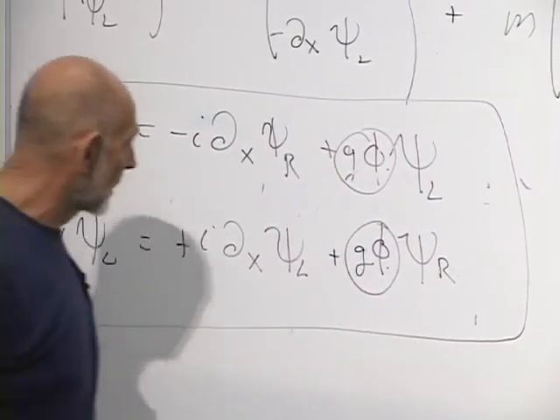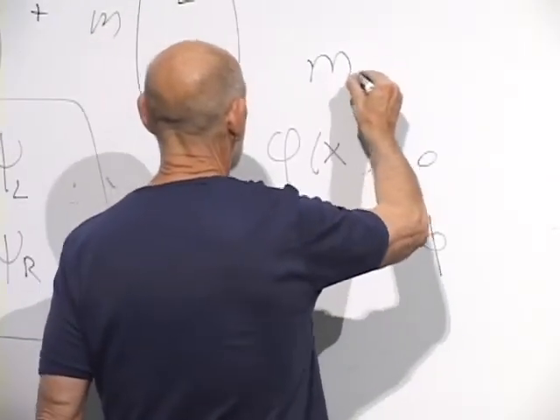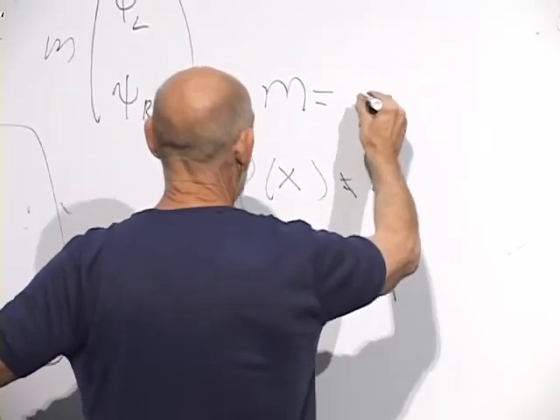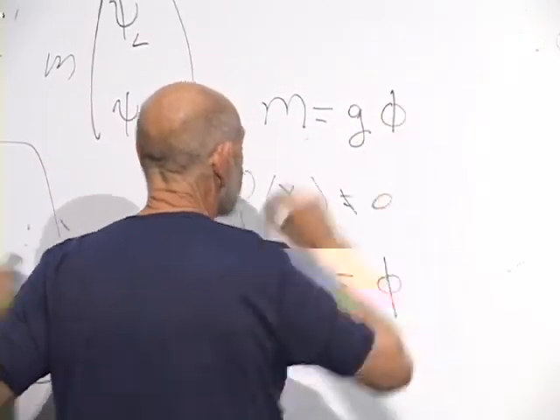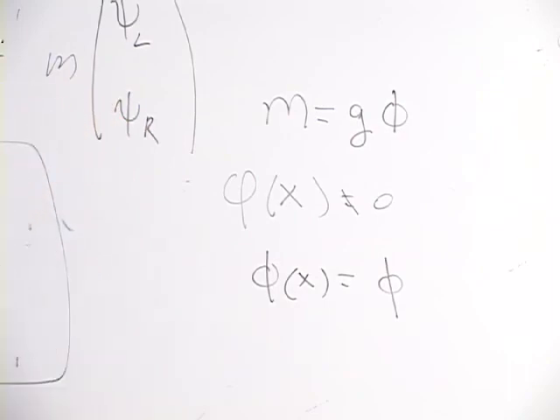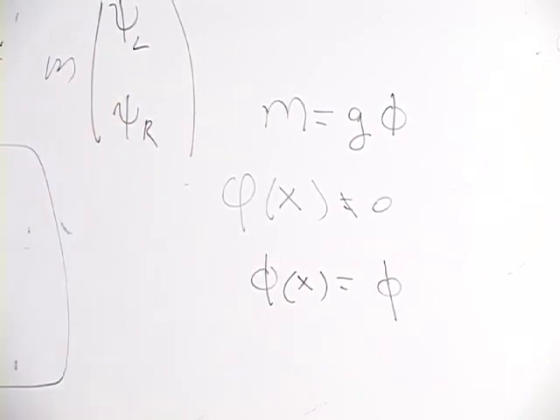So the mass of the electron is equal to the coupling constant times the value of the Higgs field in the vacuum. That's the connection.